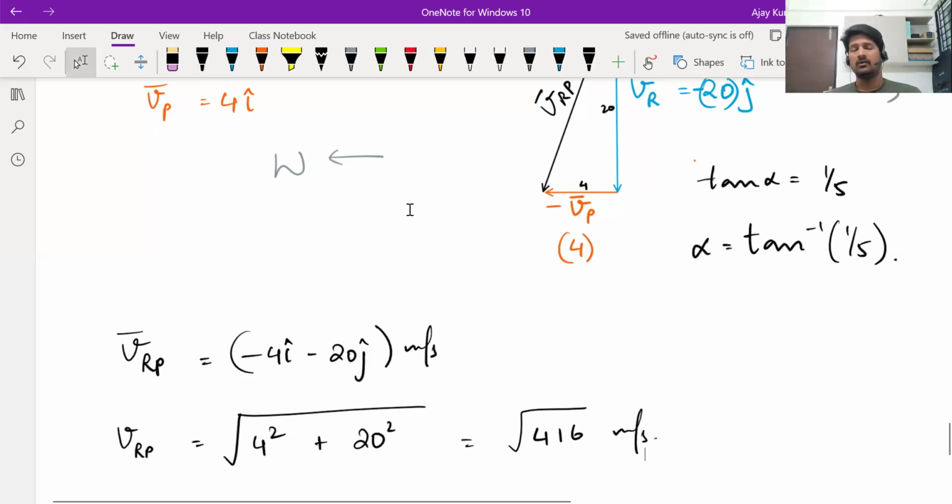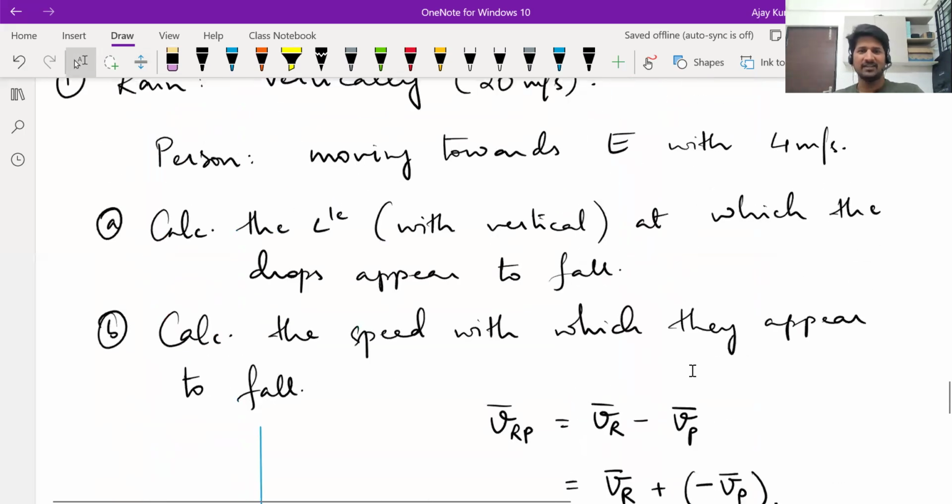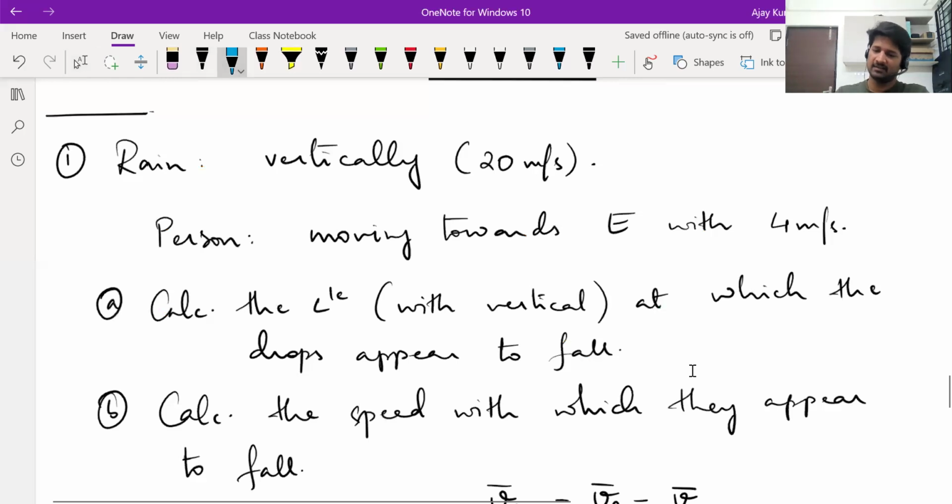Fine. Now tell me, is root of 416 more than 20 or less than 20? Greater than 20, sir. Actually, the raindrops are falling with a speed of 20 meters per second.